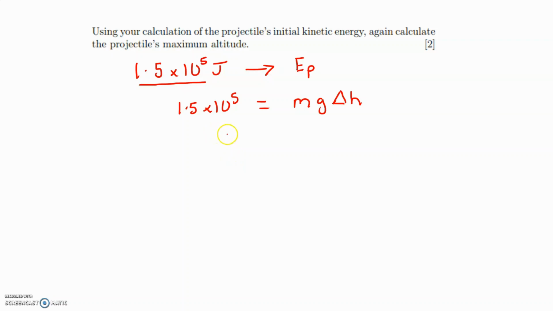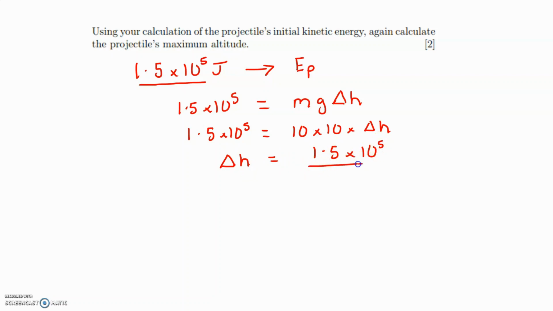And so if we rearrange that, let's just put our numbers in first. Mass of the projectile is 10, and if we calculate that, it gives us the same answer that we got before when we used the Suvat equations to calculate the maximum altitude.